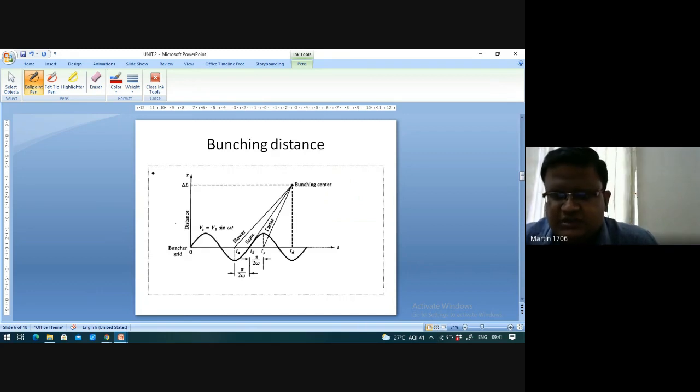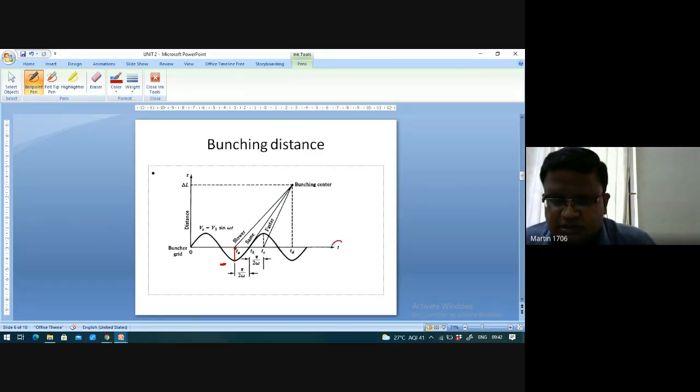This is your bunching distance. You can see one is the slower electron, another is moderate, and another is the faster electron. The slower electron is at the negative half cycle. What is the respective time? This is the slower electron transit time.